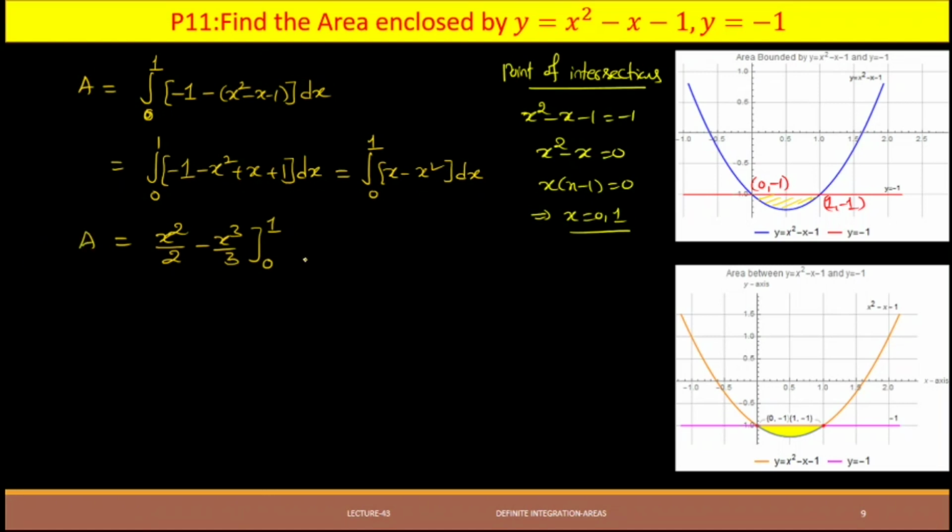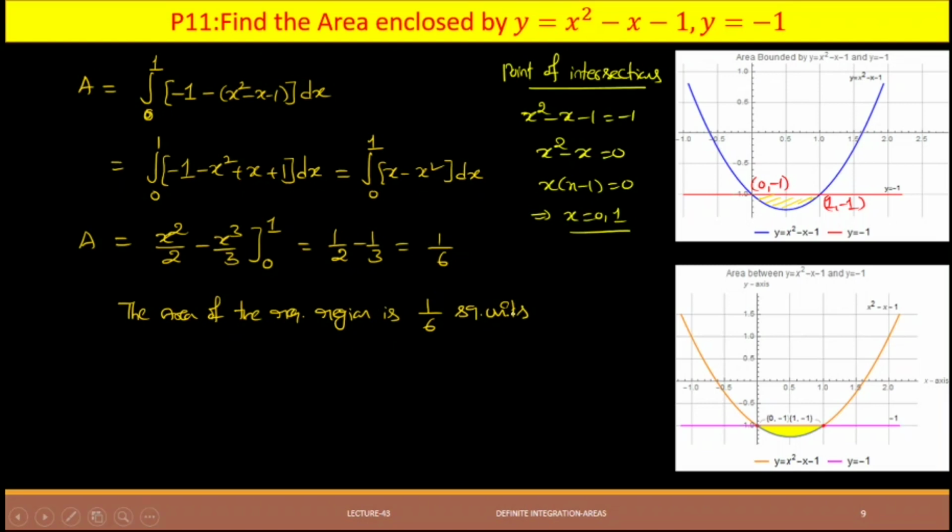So area is equal to 1 by 2 minus 1 by 3, that is equal to 1 by 6. So the area of the required region is 1 by 6 square units.